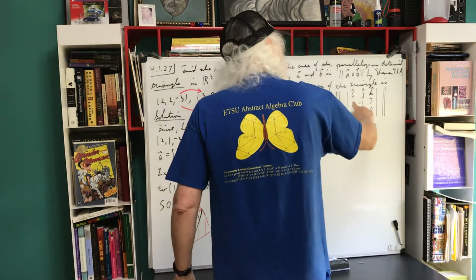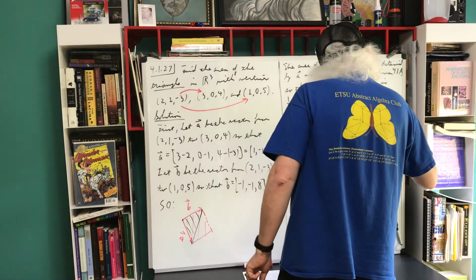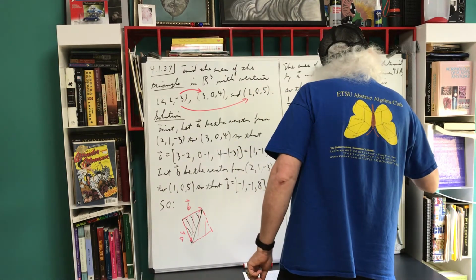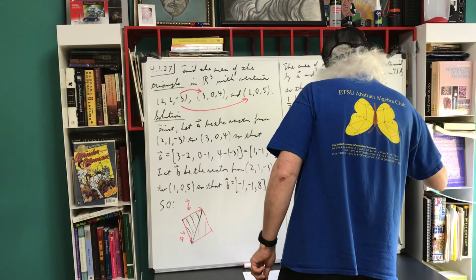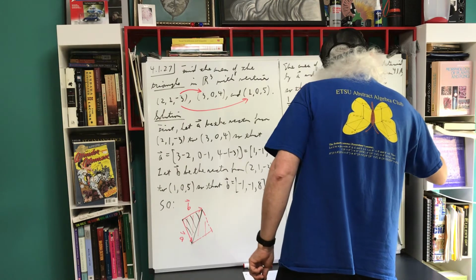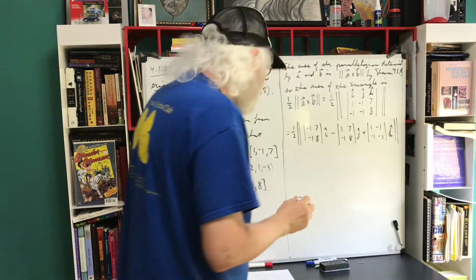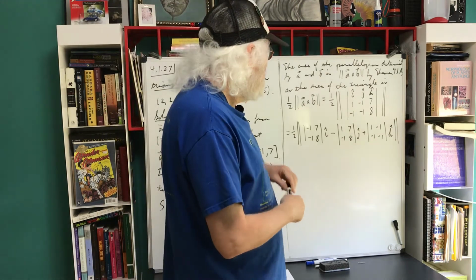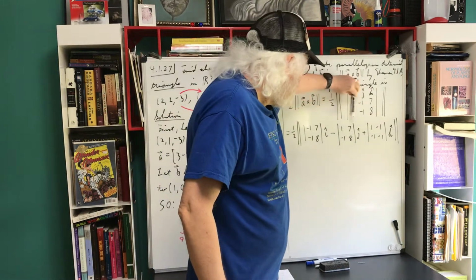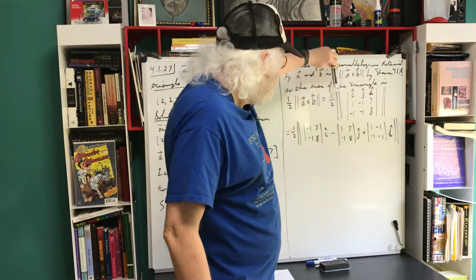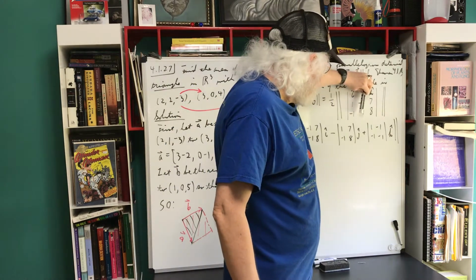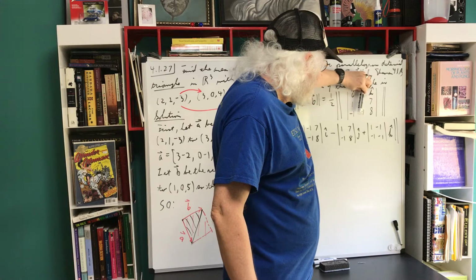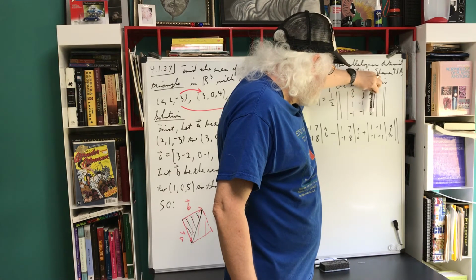Eliminate the row and column containing the k vector. That leaves the minor matrix 1, negative 1, negative 1, negative 1 times the k vector. And we need to take the norm of that vector. We okay on all the minor matrices? That one's correct. The second one's correct.